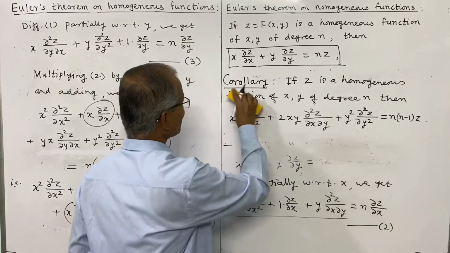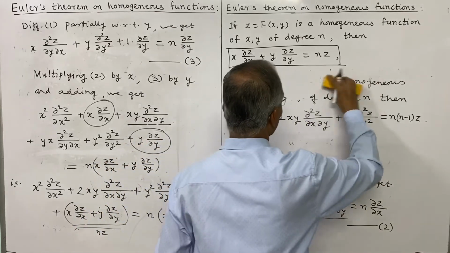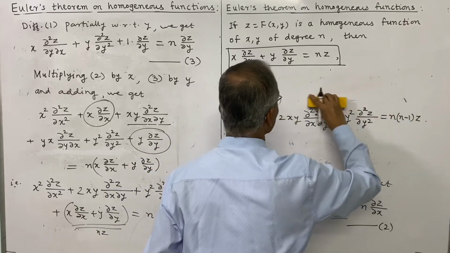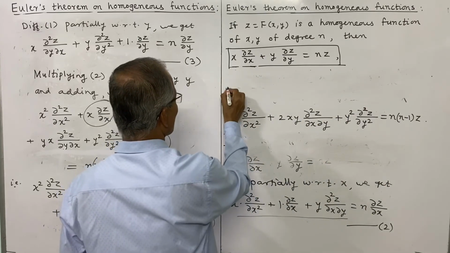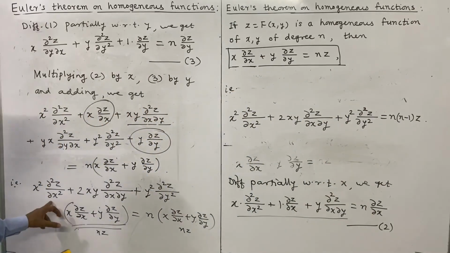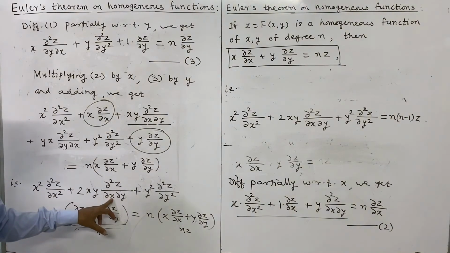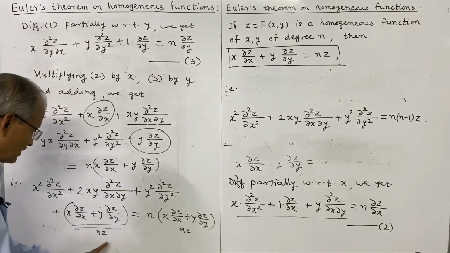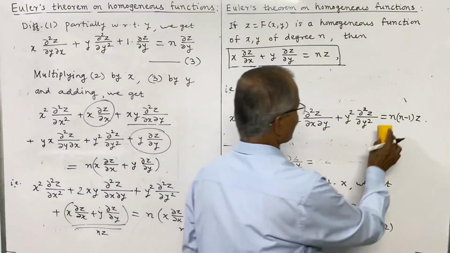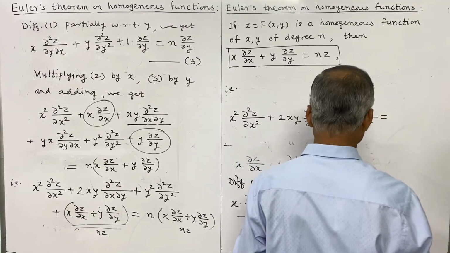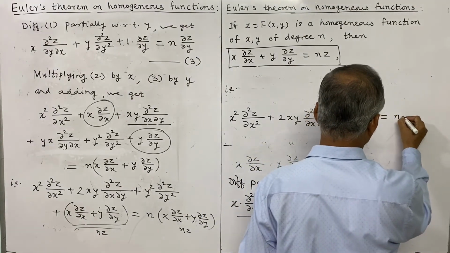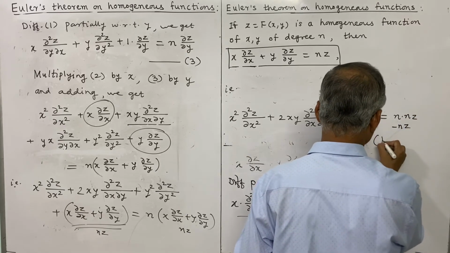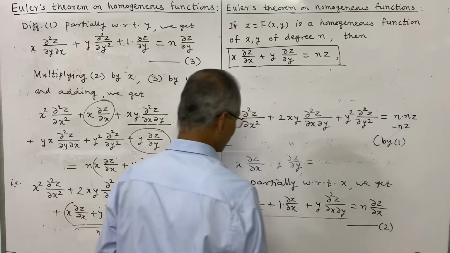see, the expression on the left side, so we will get this result now: x square dou square z by dou x square plus 2xy dou square z by dou x dou y plus y square dou square z by dou y square, equal to n into nz minus nz, from 1.